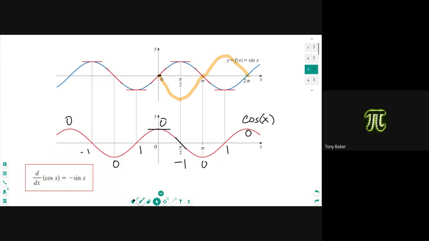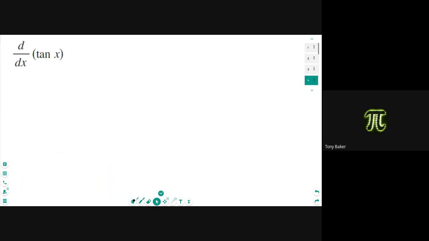Okay. All right. So we've got our two main derivatives. So what's the derivative of tangent? Well, what's tangent?